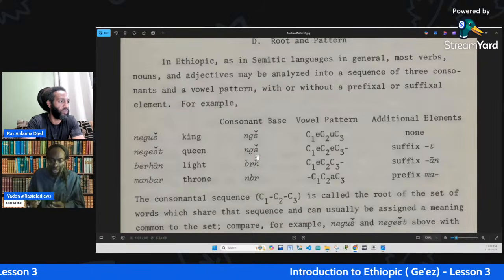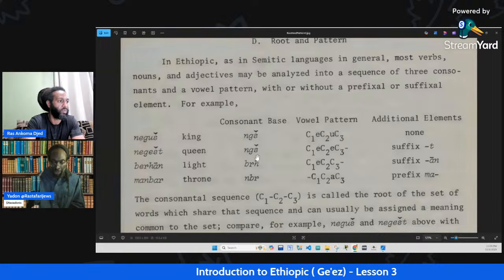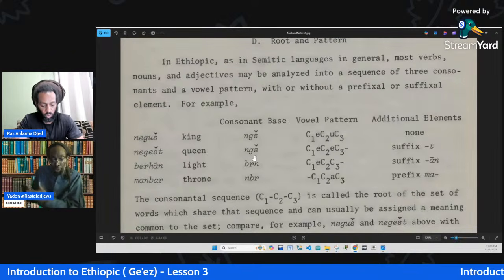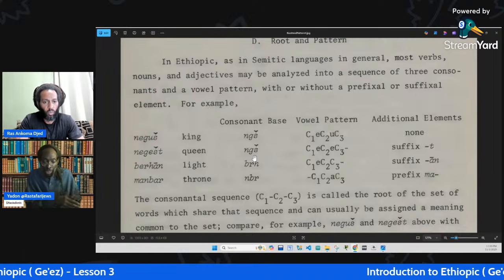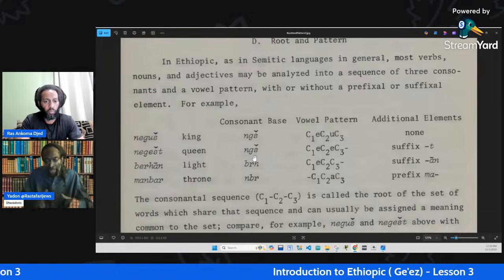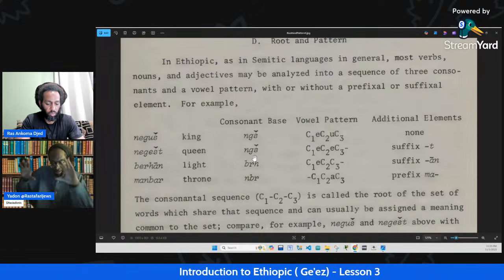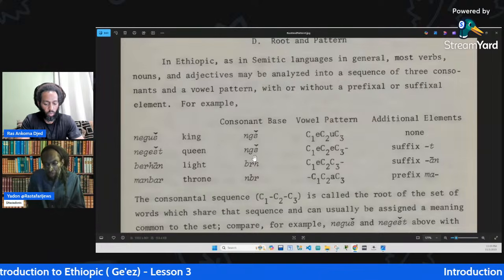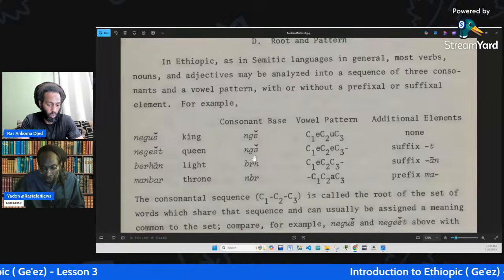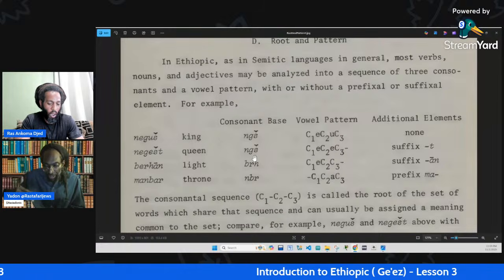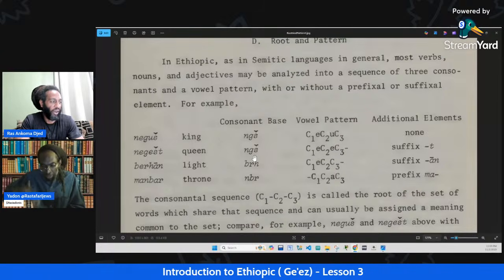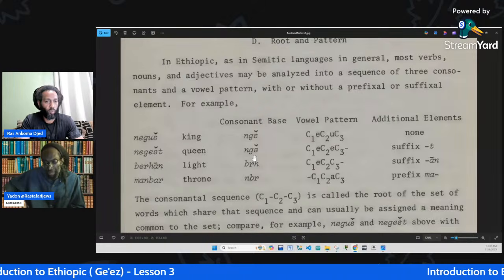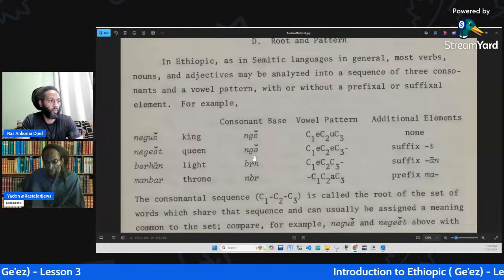So remember we're saying that the root comes down to a trinity, a three-consonant root. This is not only for Ge'ez, it's also the same for biblical Hebrew, Yehudi, and other Semitic and Afro-Semitic languages. But let's break down the vowel pattern. For negush and negisht, king and queen, from ancient Ge'ez enunciation, they both come from the same root.